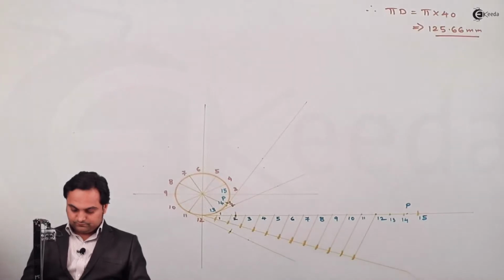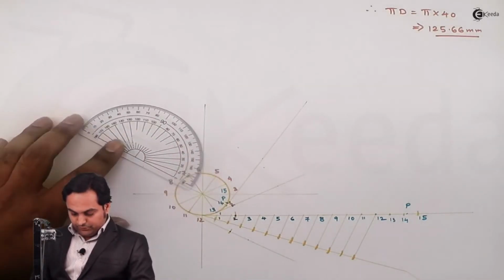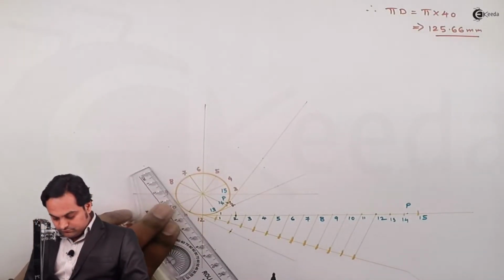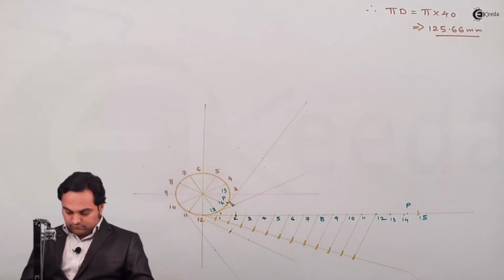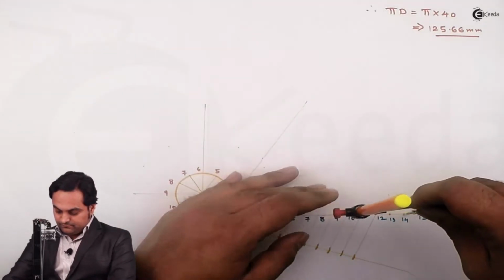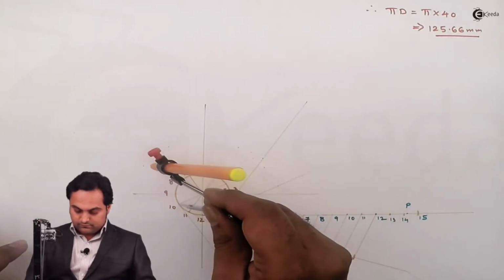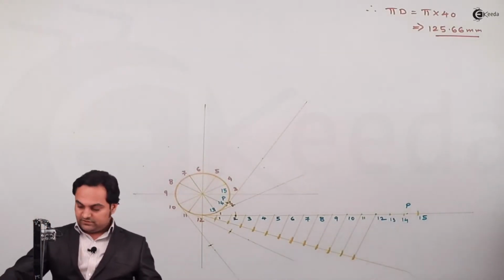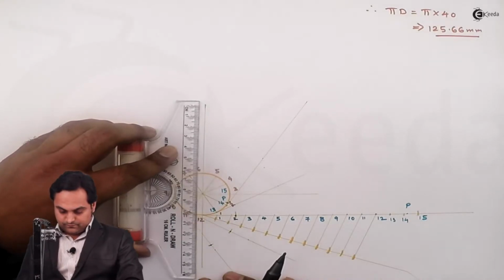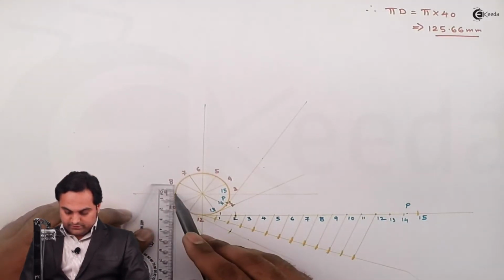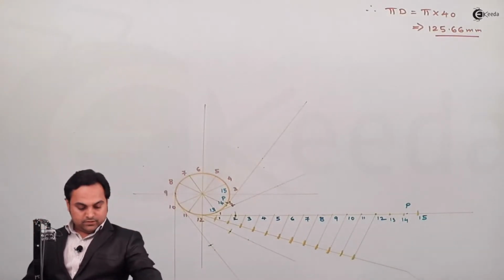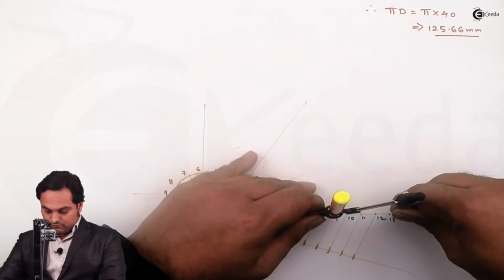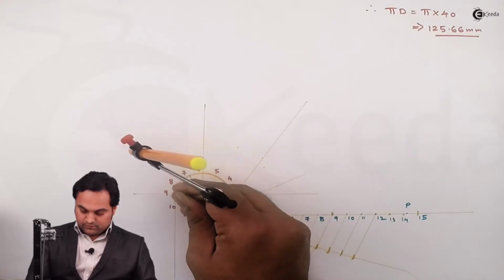Then after this, keeping it on point 10, measuring from P to 10. Next, drawing a tangent through point 9. Next, P to 9, keeping on 9.